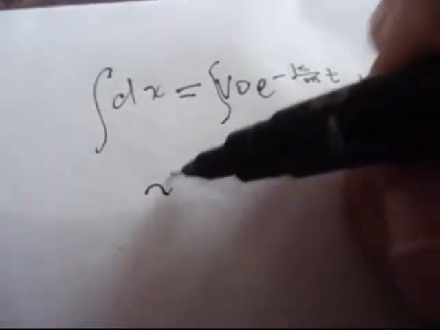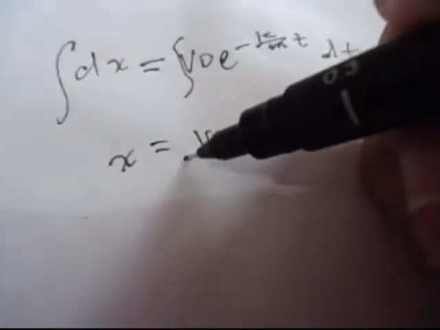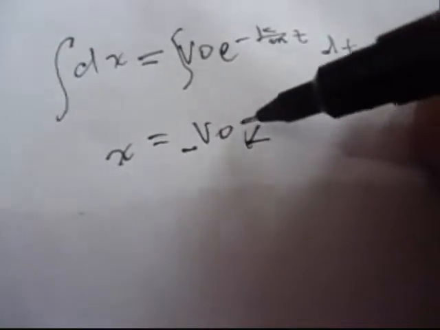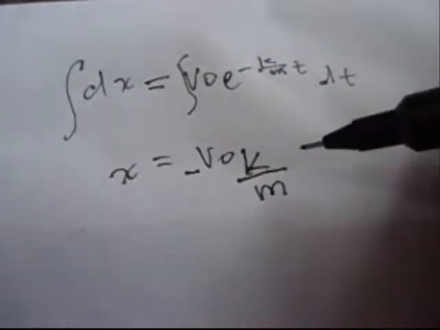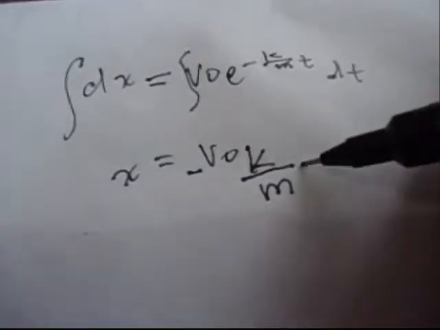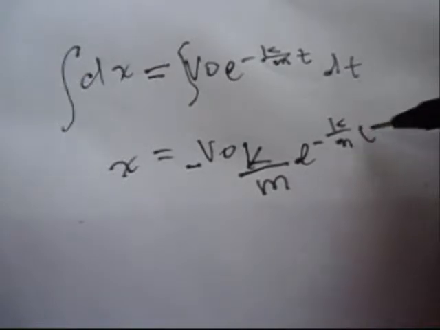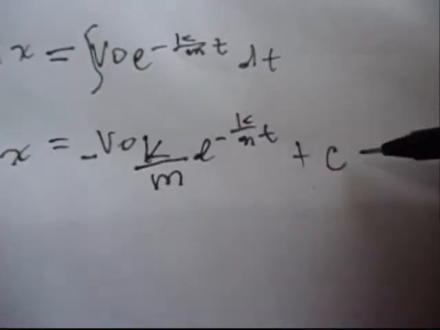Then integrating both sides to get x, we have x is equal to negative v sub o times, because you will divide by negative k over m, times e to the negative k over m t, plus c2, and c2 is an arbitrary constant.